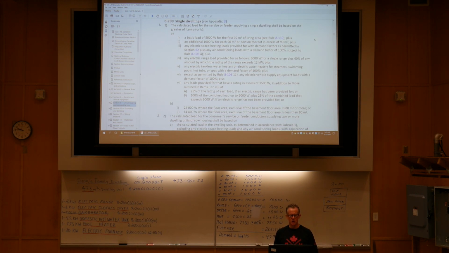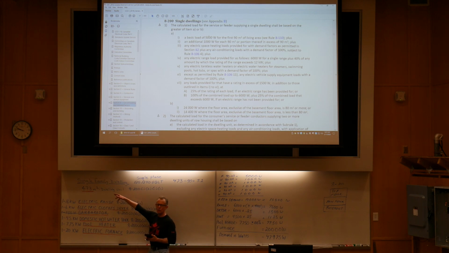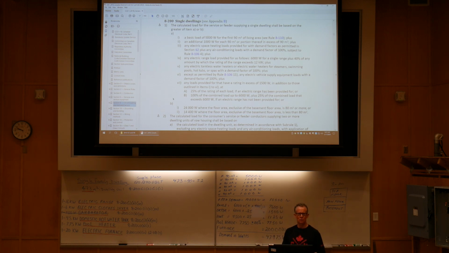At this point, in Section 8, this is the part here where it says the calculated load for a service or feeder supplying a single dwelling shall be based on the greater of item A or B. So A was the calculation we performed, and B is the part where it says if the area of the floor is more than 80 square meters, so in this case we're way over it, we're 473, the minimum demand that you must have is 24,000 watts.